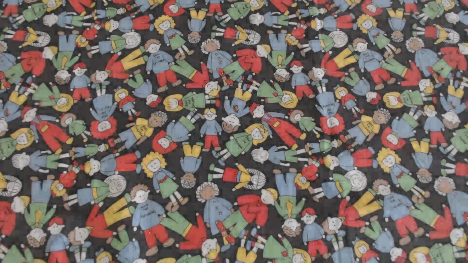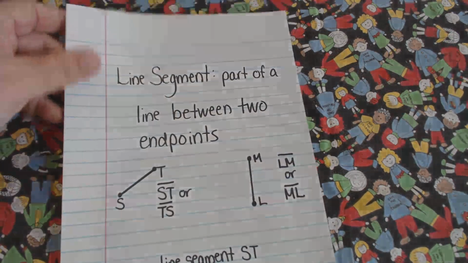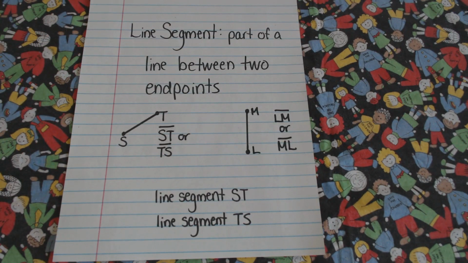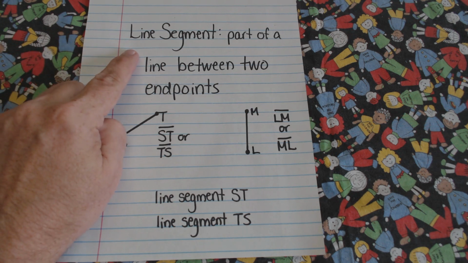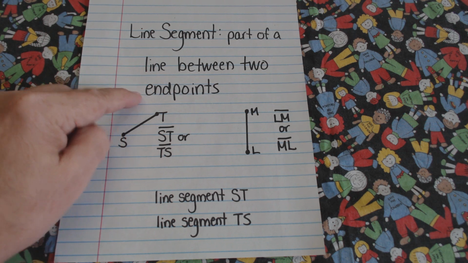So we've learned points, we've learned lines. Now, if we take a look at a part of a line between 2 points, we will end up with a line segment. A line segment is part of a line between 2 endpoints.